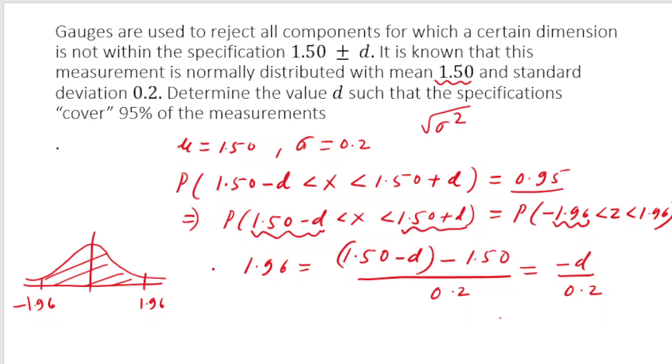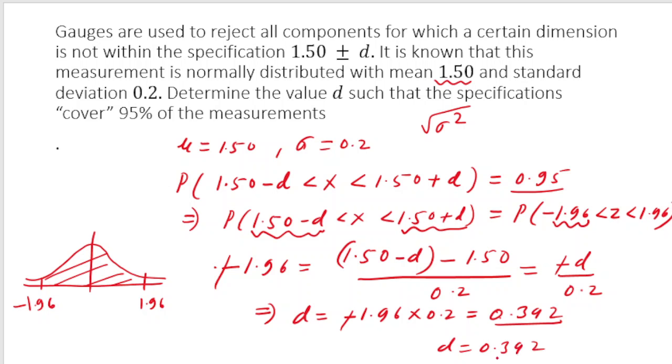The mistake I made here is that if I am comparing it with minus 1.96, I have to take minus 1.96. So d is equal to minus 1.96 times 0.2, the minus and minus cancel, and this gives you 0.392. There was a small confusion because I was taking one of the values and not considering the minus sign.